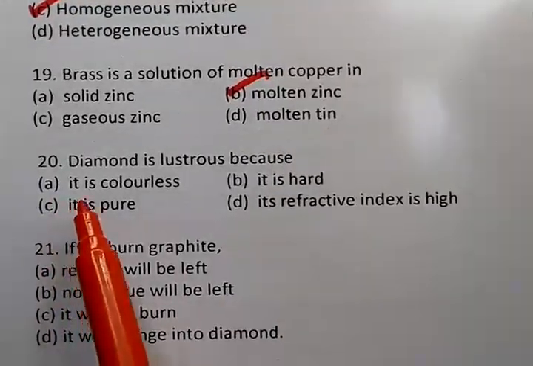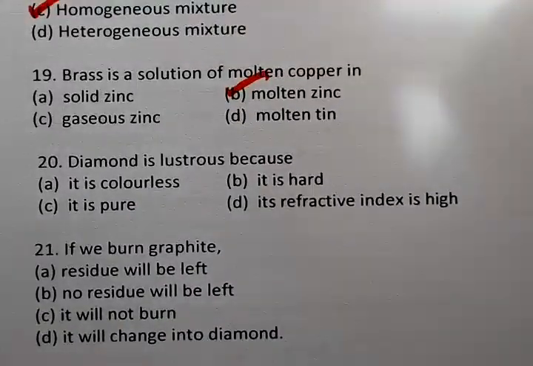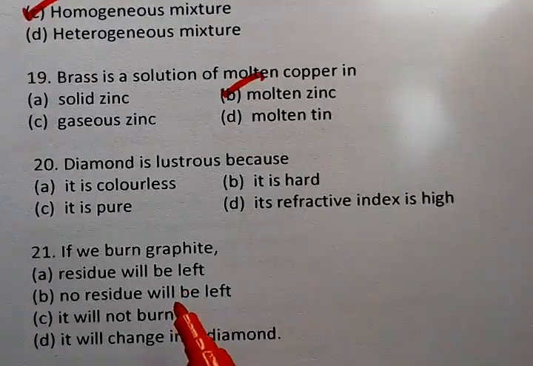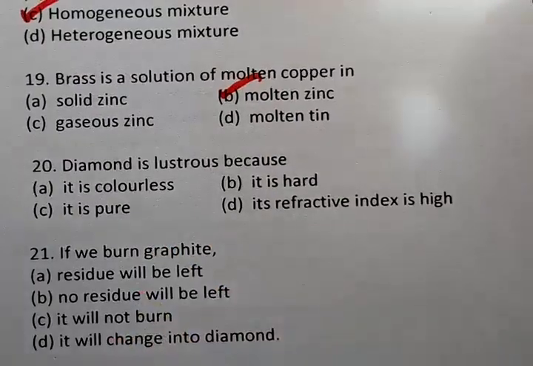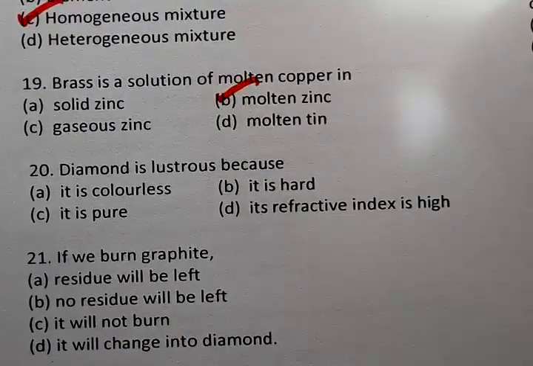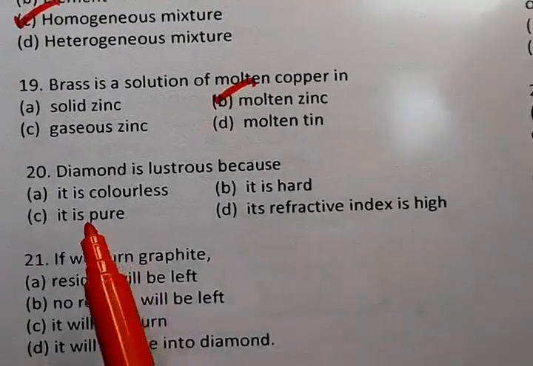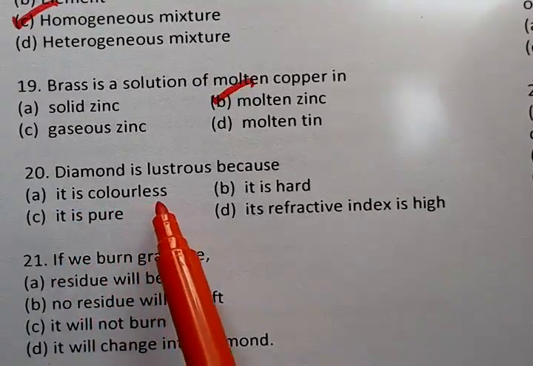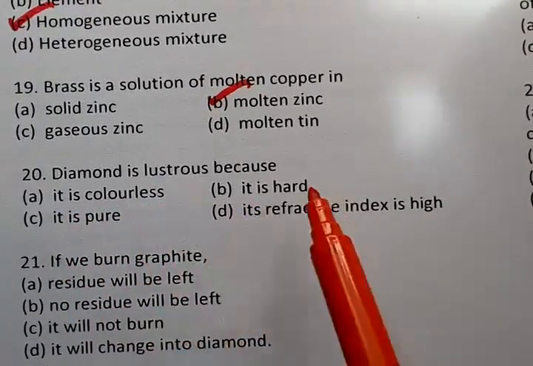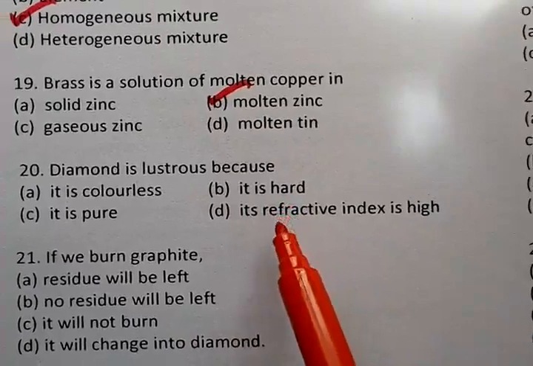20th one. Diamond is lustrous because lustrous means something like shining. Correct, no? So at some angles diamond shines. Why? So it is not because of colorlessness. It is not because of its hardness.